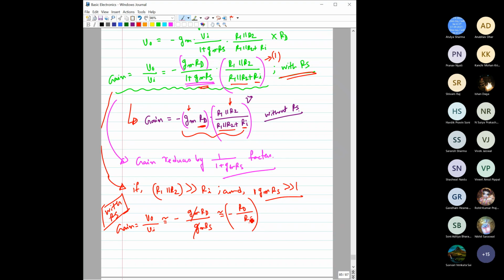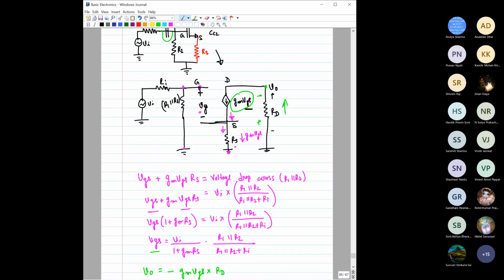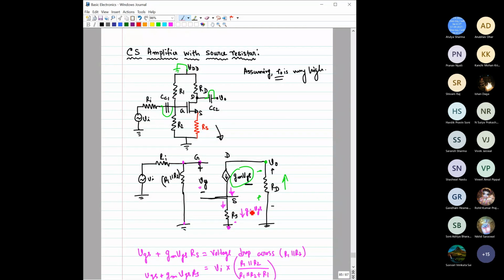If you connect it with what we have studied previously for the bipolar junction transistor, there also we have seen that the gain, when we introduce an emitter resistance, can be reduced to minus RC by RE, right?